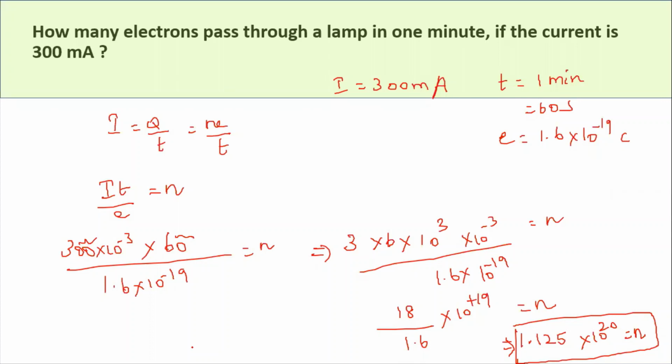I hope you have done the calculation and checked. 18 divided by 1.6 is equal to 11.25 into 10 power 19. Okay, so now to write it in scientific notation, I have moved the decimal point. So 1.125 into 10 to the power 20 will be the number of electrons.